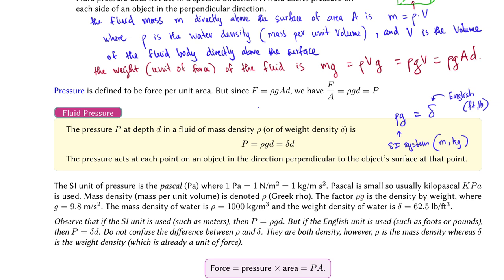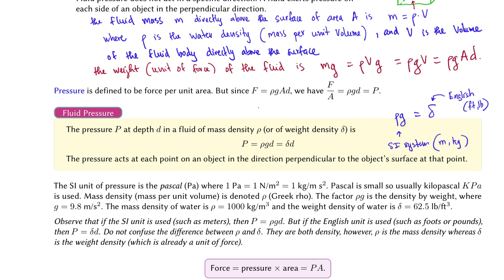The factor rho g is the density by weight, where g is 9.8 meters per second squared near the surface of the earth. The mass density of water is rho equals 1000 kg per cubic meter. And the weight density is delta equals 62.5 pounds per cubic foot. Sometimes 62.4 pounds per cubic foot is used.